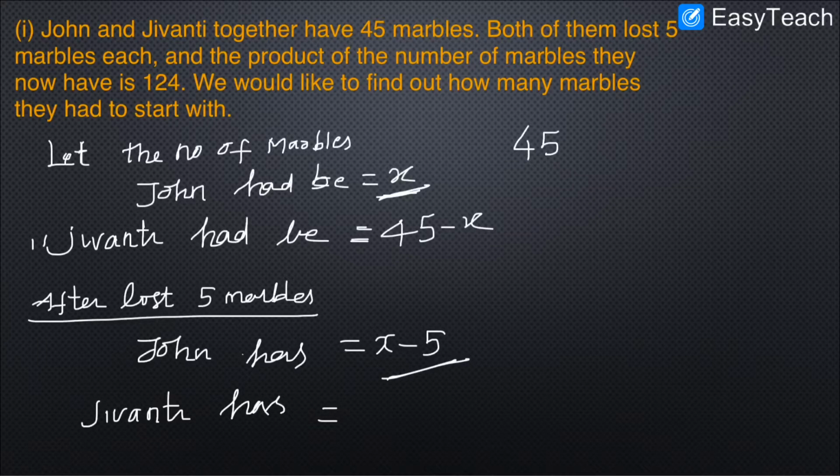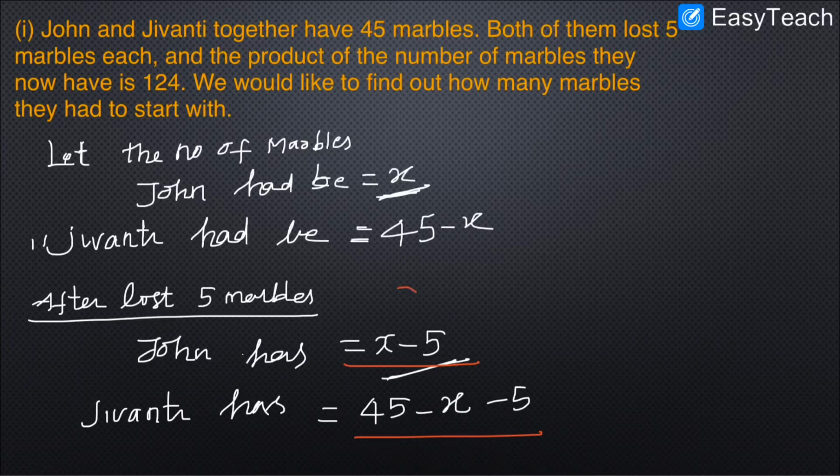Same with Jivanti: before she had 45 minus x marbles, now she has 45 minus x minus 5 marbles after losing 5. These are the marbles they currently have. And look at the third statement: the product of the number of marbles they now have is 124.